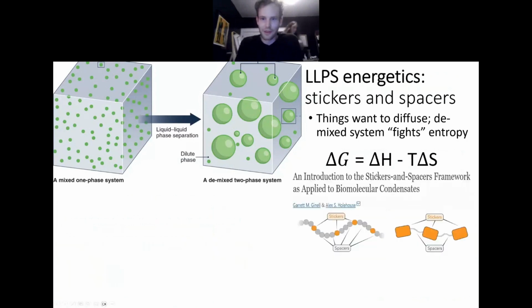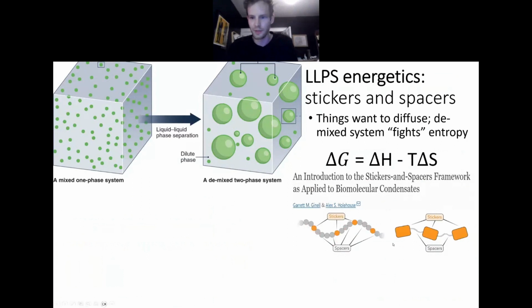And how people think of liquid phase separation currently, some models are this idea proposed by Dr. Holthaus, an introduction to the stickers and spacers framework as applied to biomolecular condensates, where they think of proteins as these long chains, these polymers that have stickers which stick together and spacers in between them.